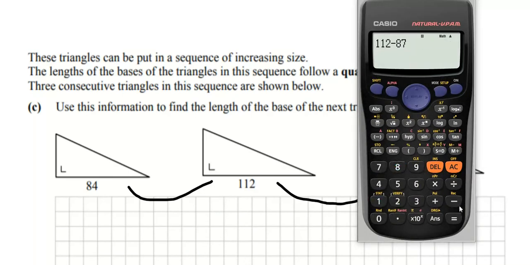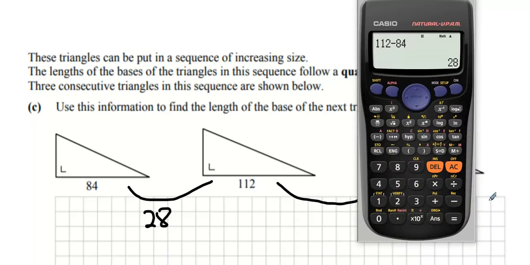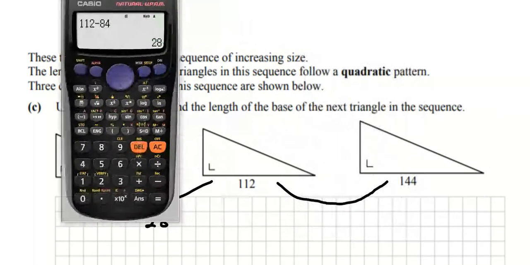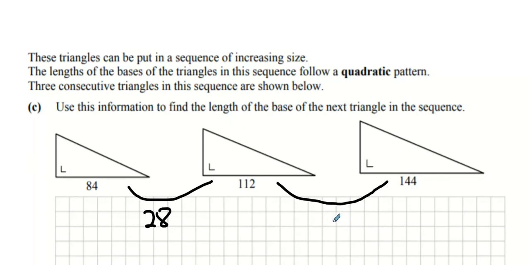112 take away 84 is 28, so a gap of 28 for the first jump. And then for the next jump it's 144 take away 112, 32. That's a gap of 4, which means the gap to the next one should be a gap of 36.